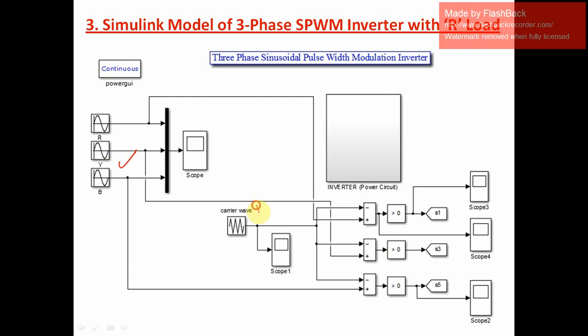And this we can have at 2000 or 4000 hertz frequency. Whether our carrier waveform is properly generated or not, we can observe it here in this scope. Then these sinusoidal waveforms of RYB and the carrier waveforms are summed up here, and then they are compared here, and our signals are ready here.